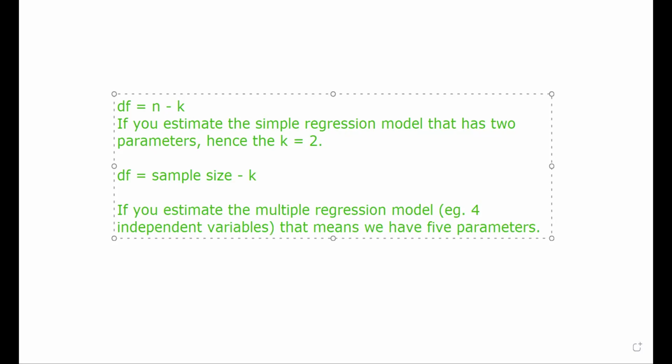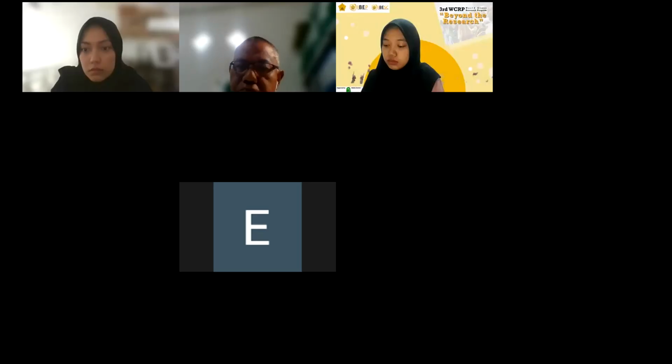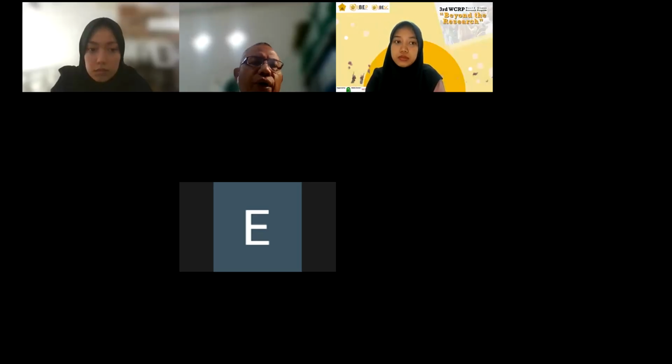That means K depends on the estimated equation. The more independent variables you have, the lower the degree of freedom. So I mentioned already that you have to make sure that you have a long enough sample size to guarantee that your estimated equation is more reliable.